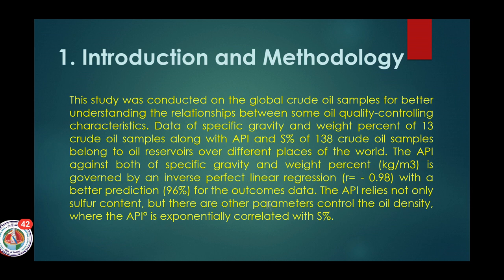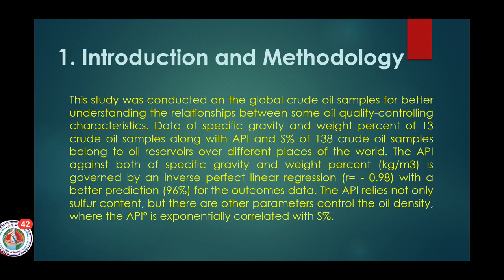For this study, data of crude oil samples were statistically analyzed using Statistical software program version 5.5. Data include specific gravity, weight percent, API, and sulfur content percent, collected from global publications for 135 crude oil samples.